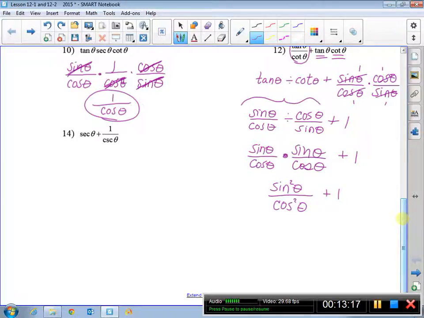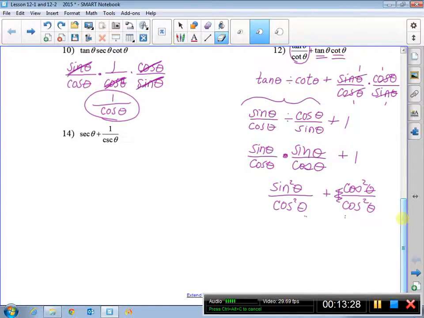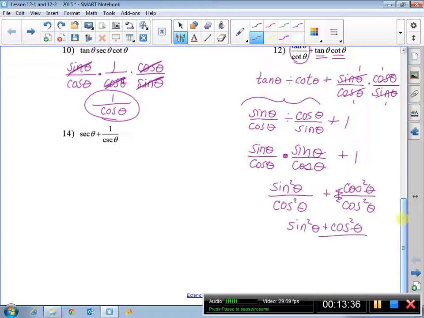So what we could do is make our 1 into cosine squared over cosine squared, so that we have a common denominator for adding. So let's do that. So on the top, sine squared theta plus cosine squared theta. That looks familiar. All over cosine squared theta. And it's 1 over cosine squared theta.